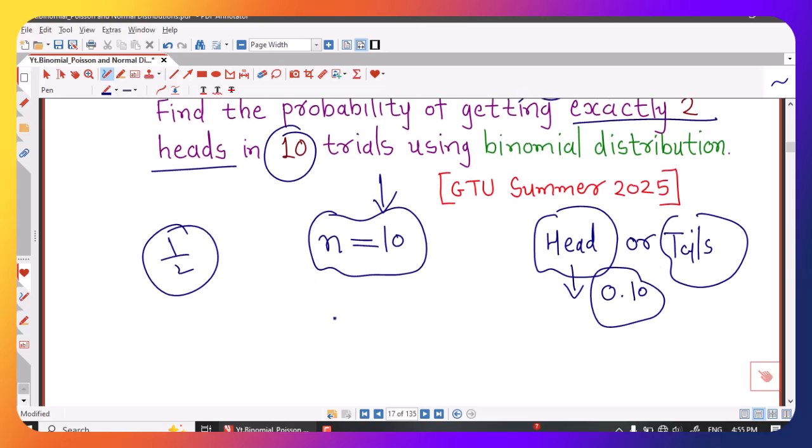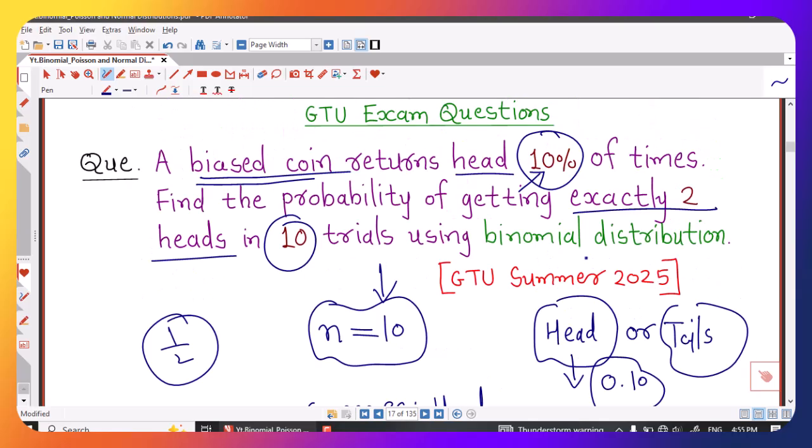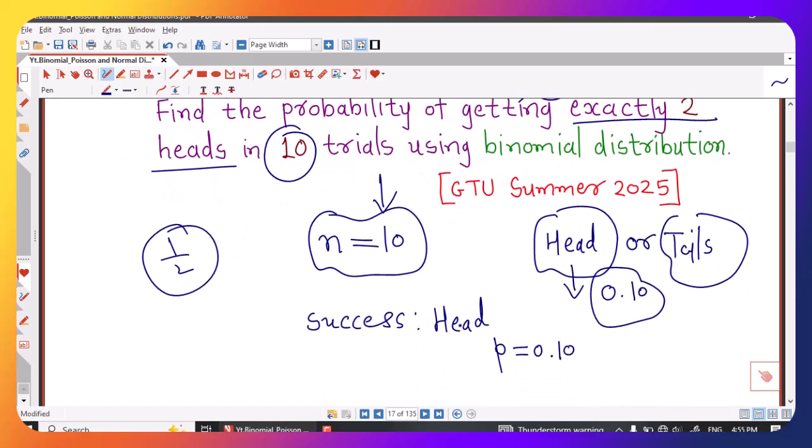So if we consider success as the event that head occurs, then we are given that the probability of success is 0.10. It is given that we get head 10% of times, therefore the probability of getting head is 0.10, and that remains constant in every trial, and they are tossing the coin 10 times, therefore we consider the number of trials equal to 10.